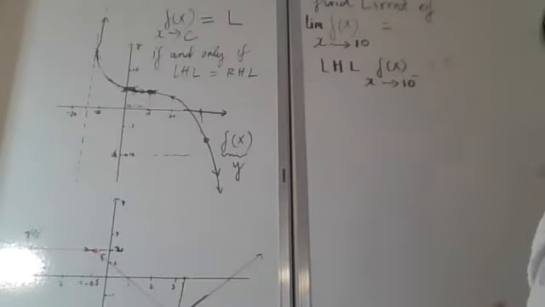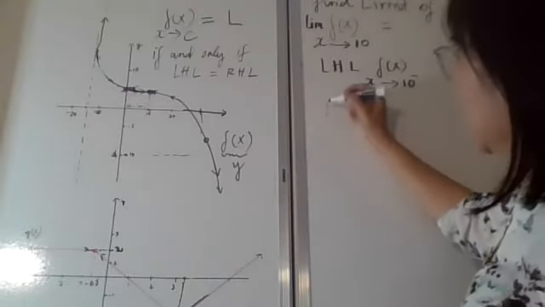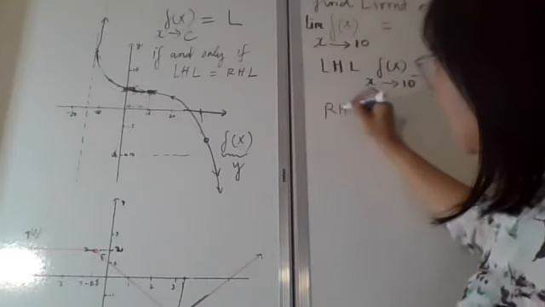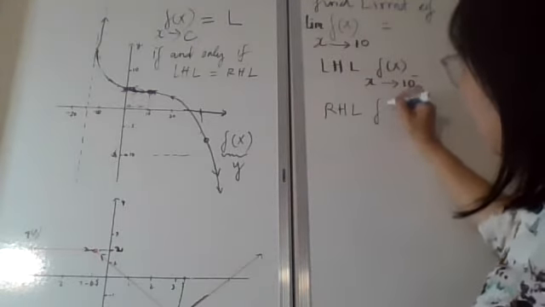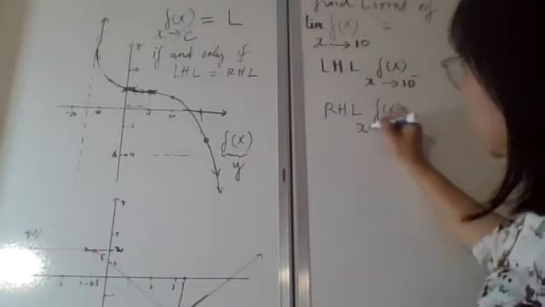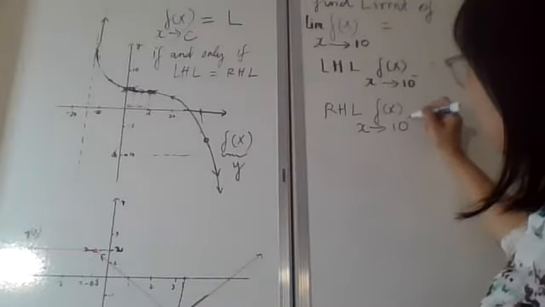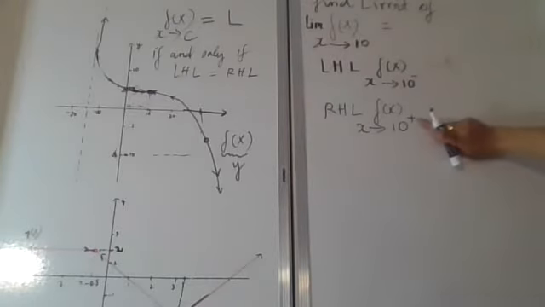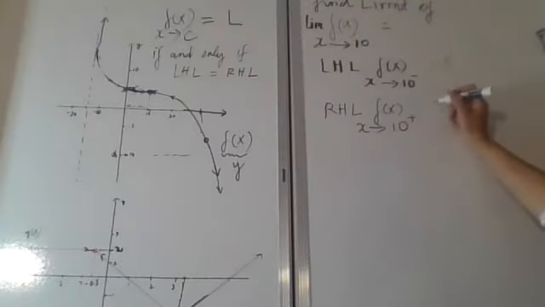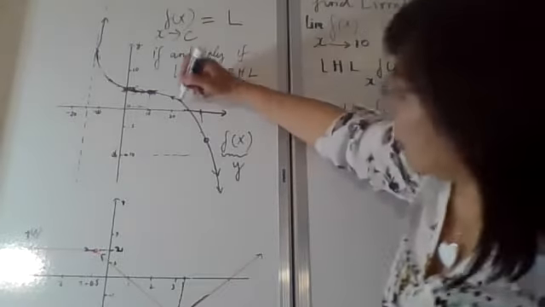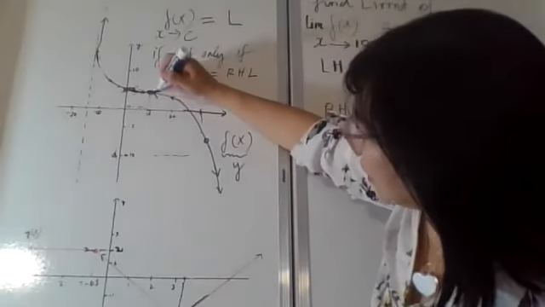Now, when we look at the right-hand limit of f of x, when x approaches 10 on the right-hand side, we put a positive sign on the number 10, and we also look at where the function approaches right here.